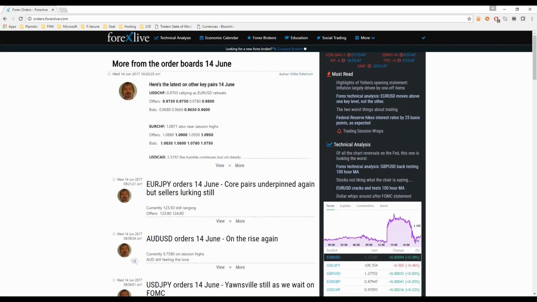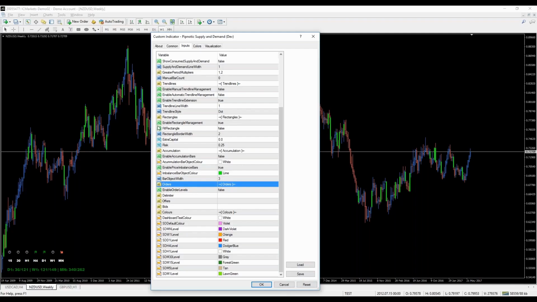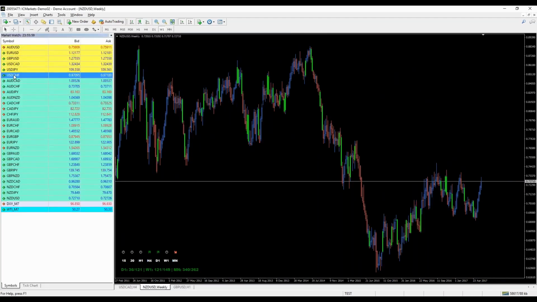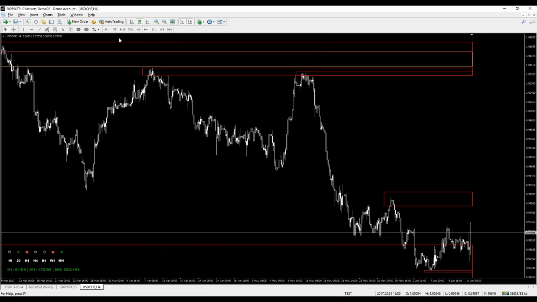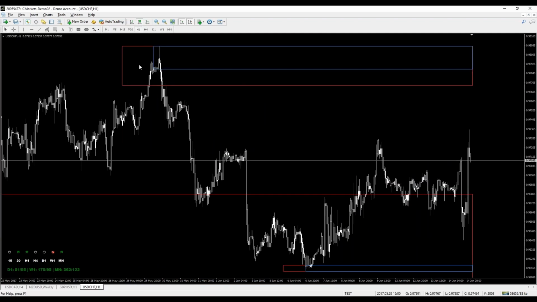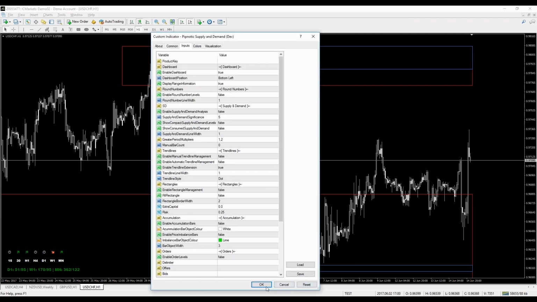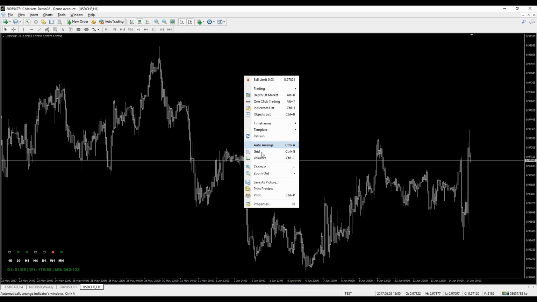And so if we look at the dollar Swiss franc, let's put that pair on there. Go to dollar Swiss franc, like that. We go to a smaller time frame. Let's remove all this stuff here. I'm going to change these colors.